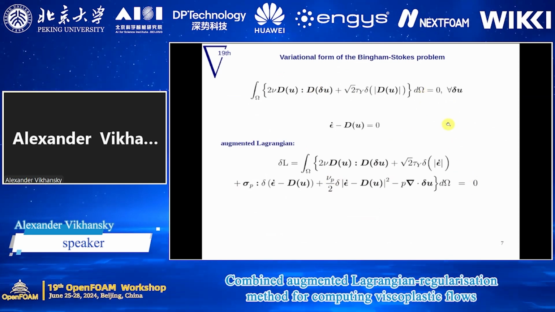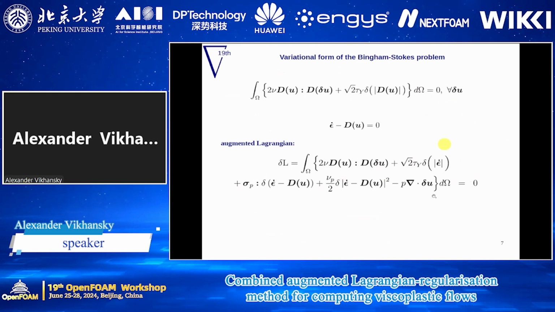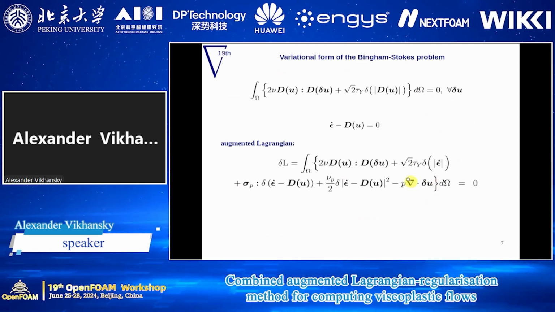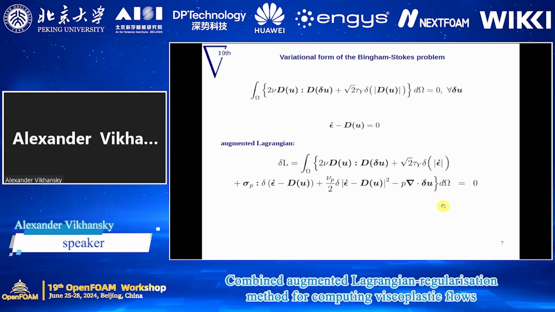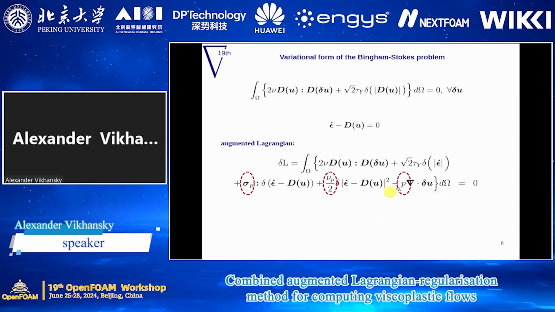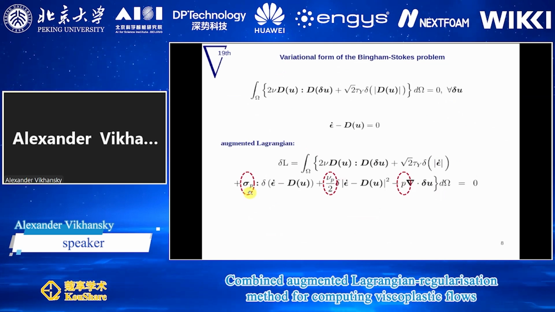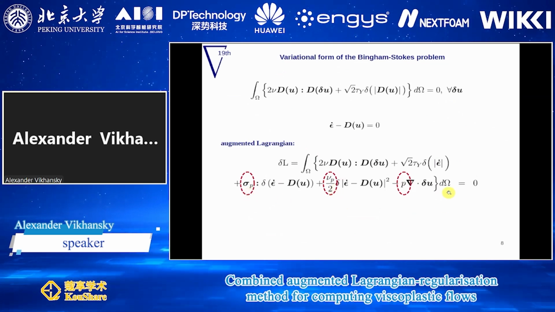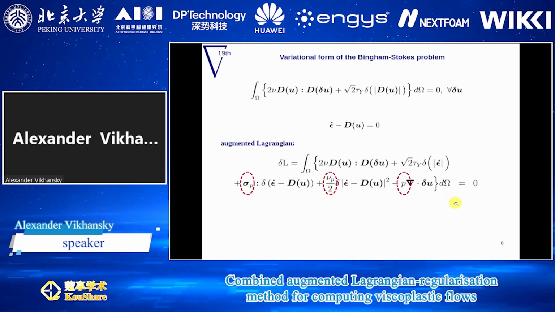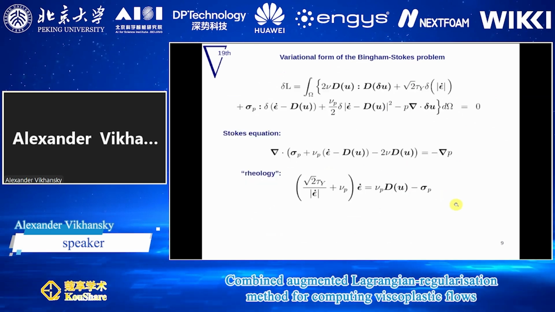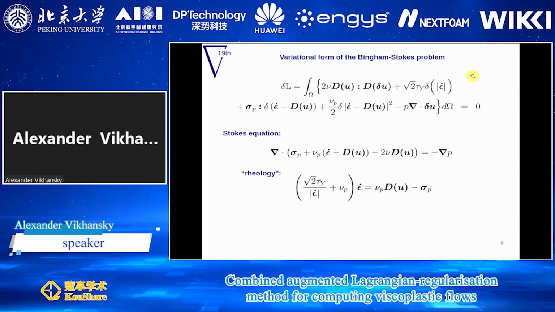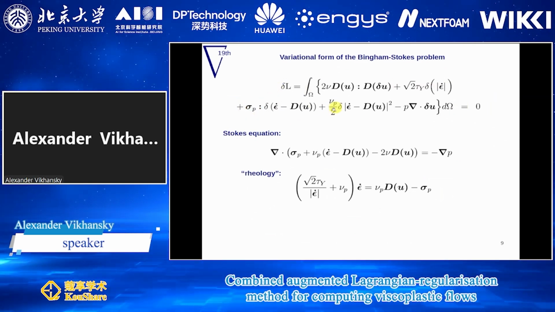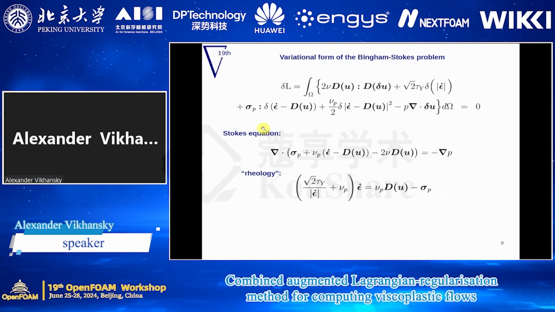And finally, since the flow is incompressible, we have an extra constraint, which is also multiplied by a Lagrangian multiplier, and it is, of course, pressure. So in total, I have 2 Lagrangian multipliers, one is a tensor, and a penalty parameter. So if I use the extremality condition for this augmented Lagrangian, right, I can get 2 equations.